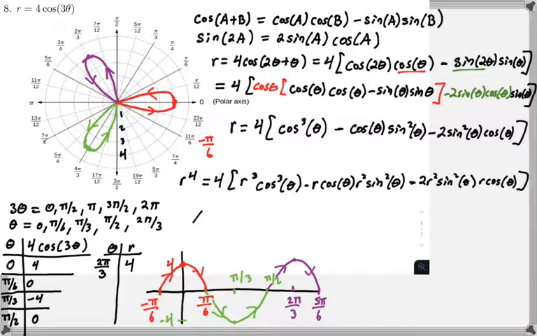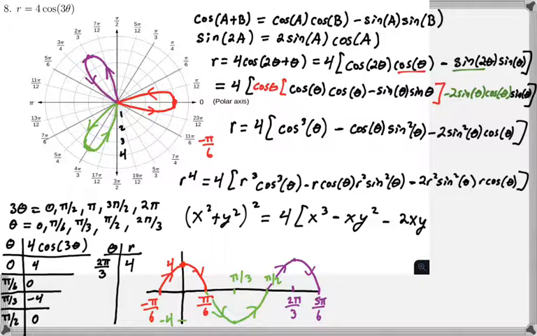Okay, so r to the 4th, r squared is x squared plus y squared, so r to the 4th is r squared squared, so that'd be x squared plus y squared squared, equals 4. R cubed cosine cubed would be x cubed, minus r cosine is x, r squared sine squared is y squared, minus 2 r squared sine squared.